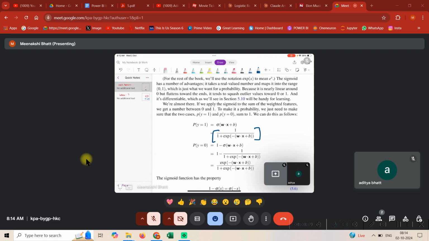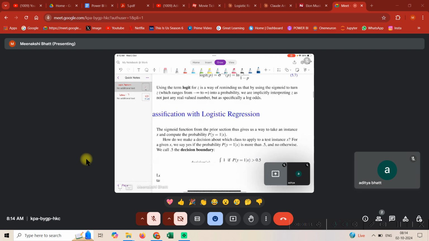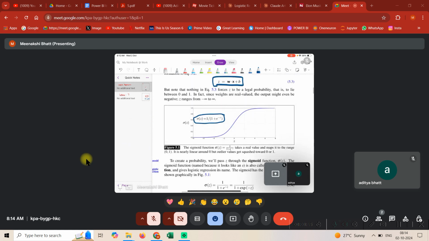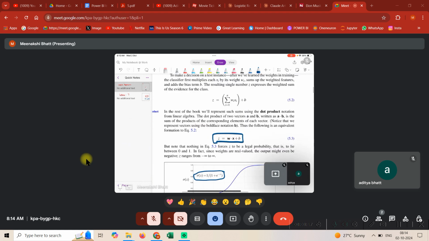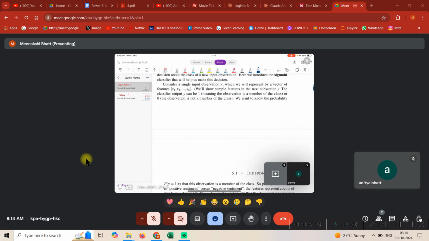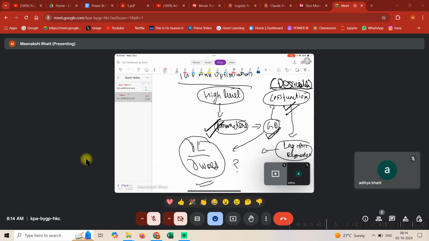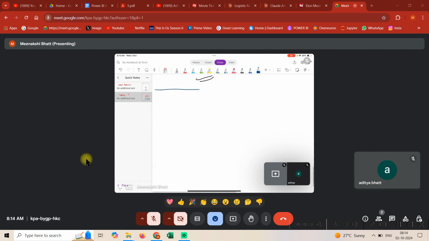So what is exactly happening in logistic regression? Let me explain why we need to think more about the sigmoid function and try to understand it. How does logistic regression work? Inside logistic regression, let's start with the equation z is equal to wx plus b.